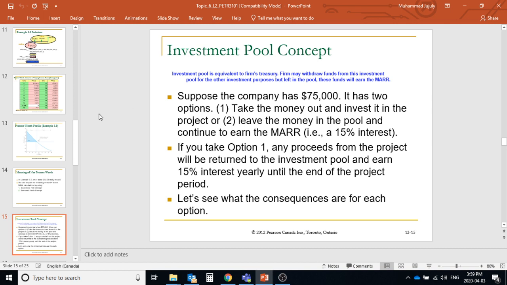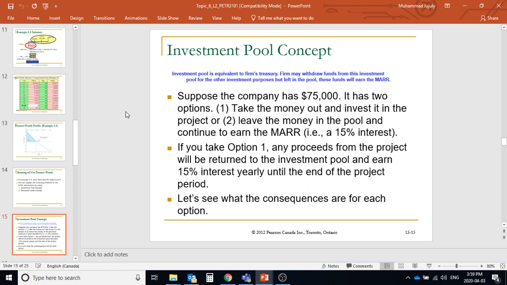But if the firm doesn't want to invest money in that project, the firm can just put that money in the pool and it will continue earning the MARR, or we can say the interest rate. Okay, so for instance we have two options.